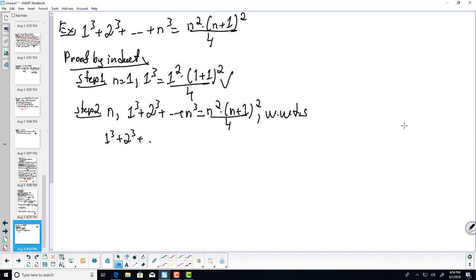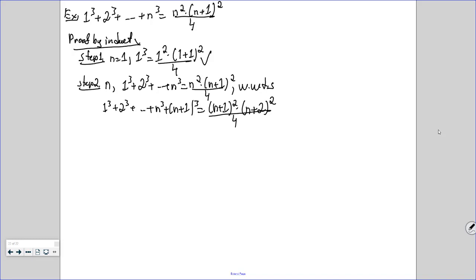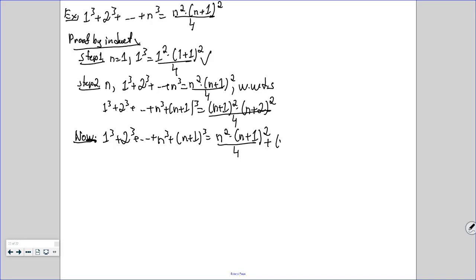So we want to show that this is true. In the proof by induction, we know that this is equal to this.